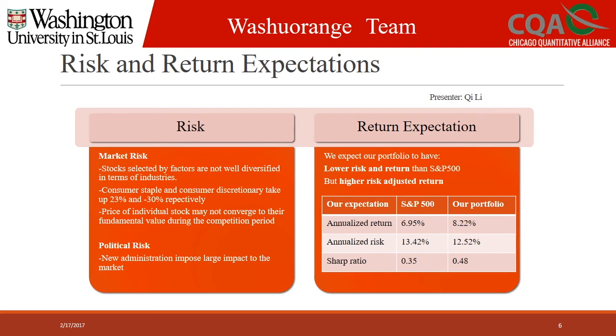We used Bloomberg to conduct a backtest on our portfolio, and we expected an annual return and risk of 8.22% and 12.52%. This yields a Sharpe ratio of 0.48, higher than the S&P 500 Sharpe ratio. We also estimated our value at risk to be roughly $208,000. Now I will hand over to Ashwin to talk about the actual portfolio performance.